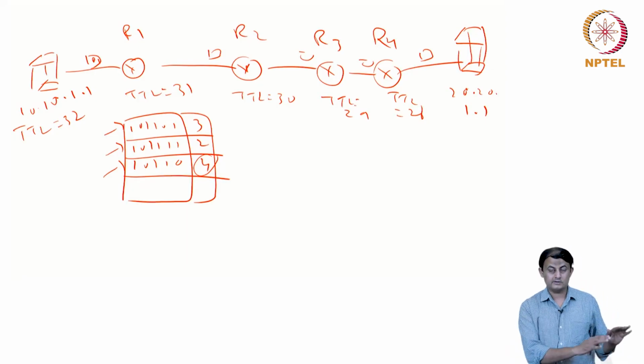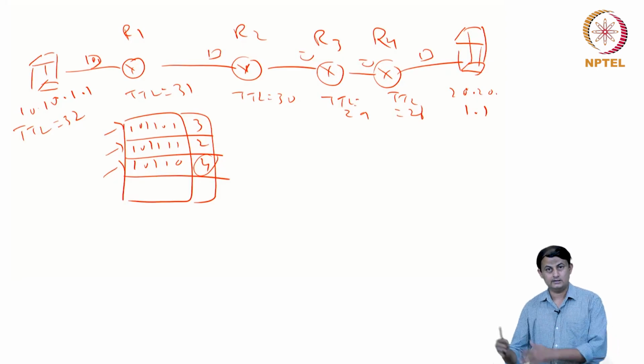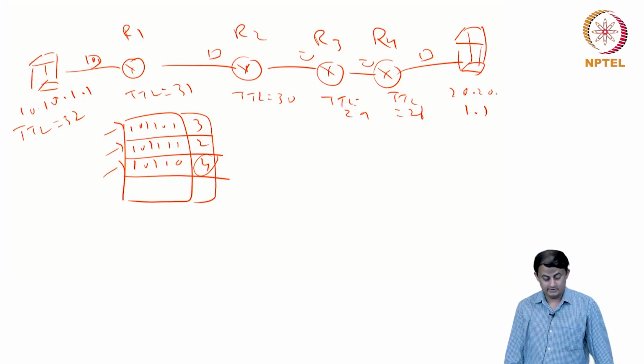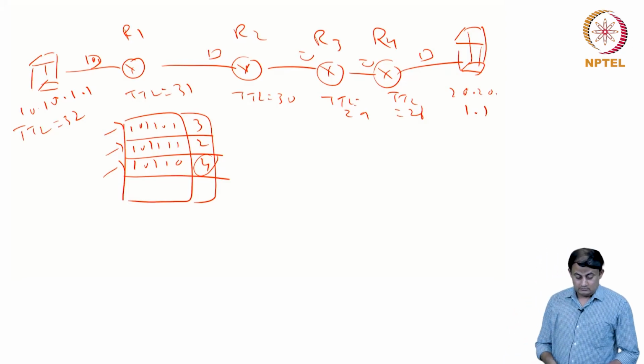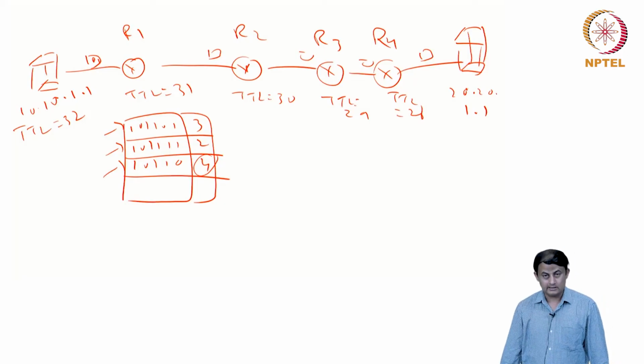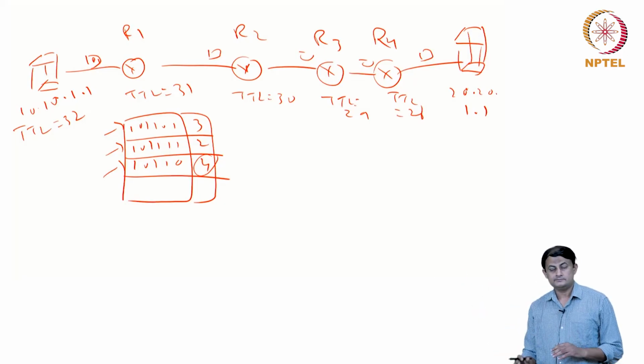So one operation is that you are decrementing the TTL value by 1 and then sending the packet. And the second operation that the router needs to do is to pick up the bits corresponding to the destination IP address and then compare them with the entries in the forwarding table. Now it is obvious that, as we said in the last class, network speed is increasing.